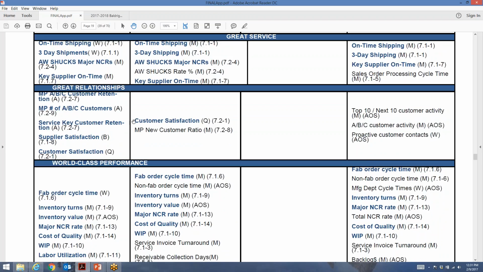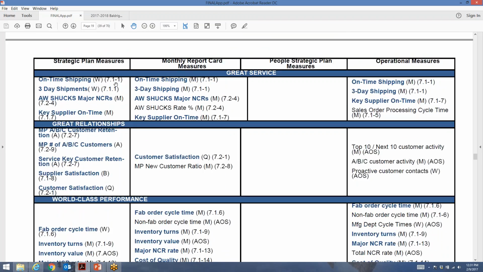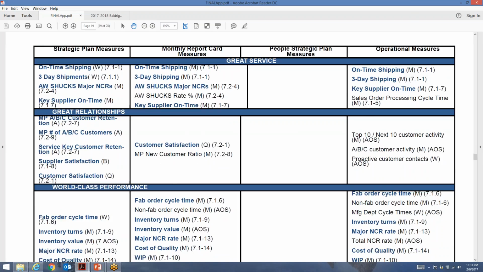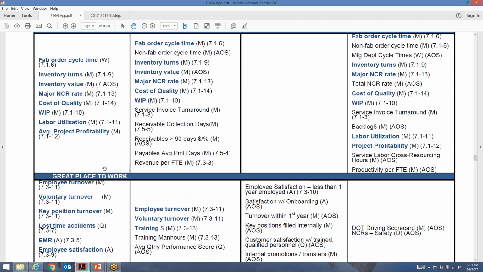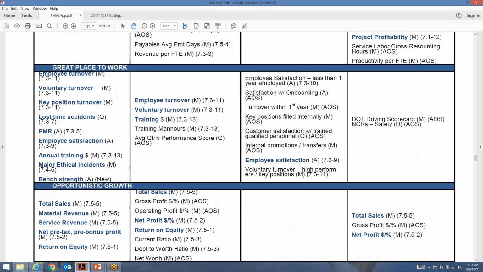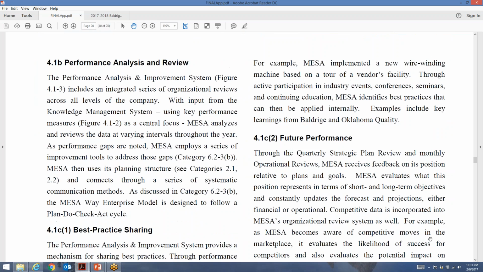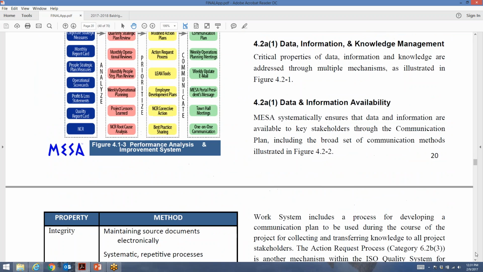So give yourself a table with measures, and then tell me where they're at. If you said this was a big deal for you, where is that result that I'm looking at? Easy for me as an examiner to go back there and say, let me focus on the important ones. You told me this was an important result, because there's going to be quite a few results back there. You told me this was important because it's a strategic plan measure. I'm really going to focus in on that. So give me a table of those and tell me where I'm going to see those back in the results. Okay, table of measures.